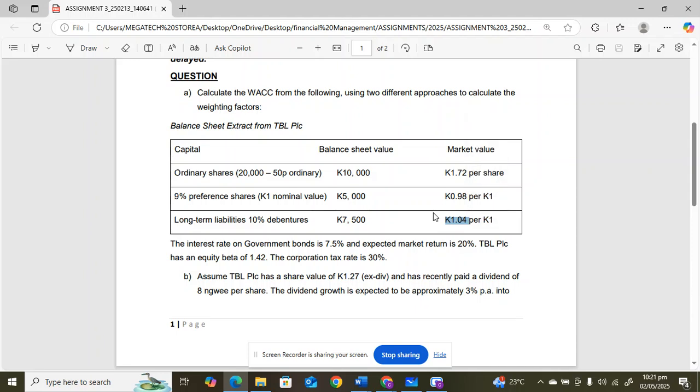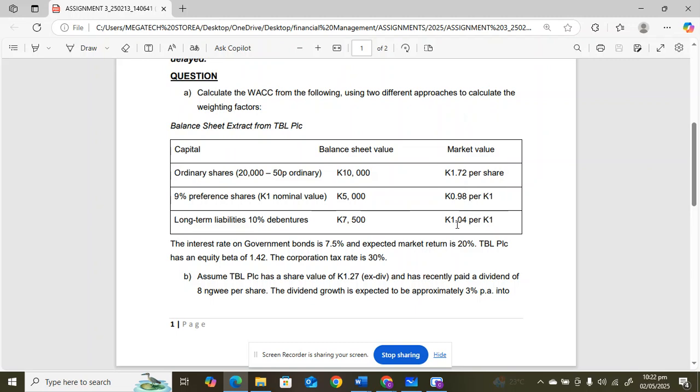So this is the difference between preference shareholders, ordinary shareholders, and debt holders. The debt holders are entitled to interest payments. So if you purchase one unit of the debentures, each year you're going to be paid interest.